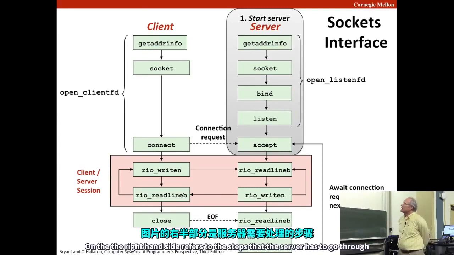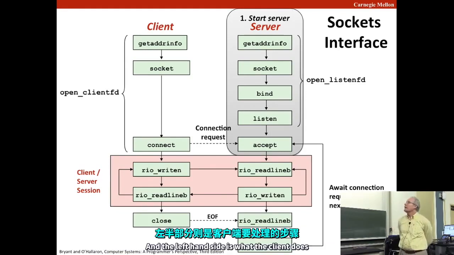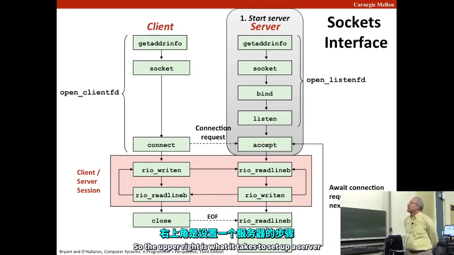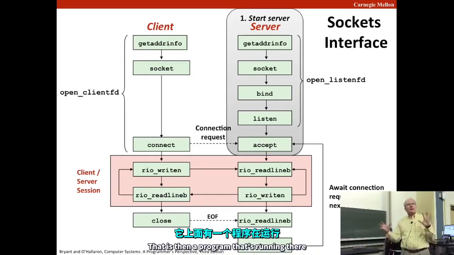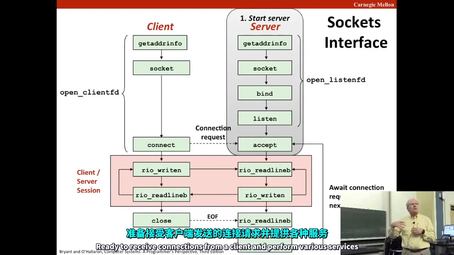On the right-hand side are the steps that the server has to go through, and the left-hand side is what the client does. So the upper right is what it takes to set up a server, a program that's running there, ready to receive connections from a client and perform various services.